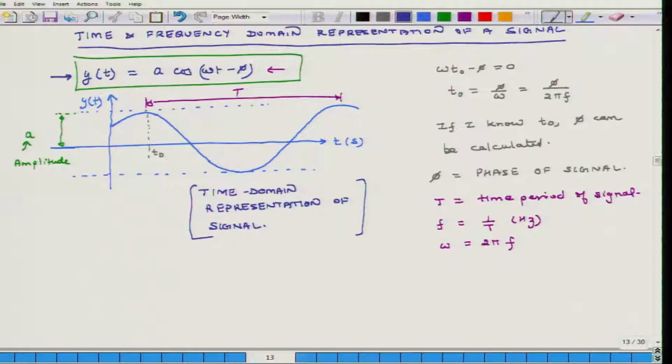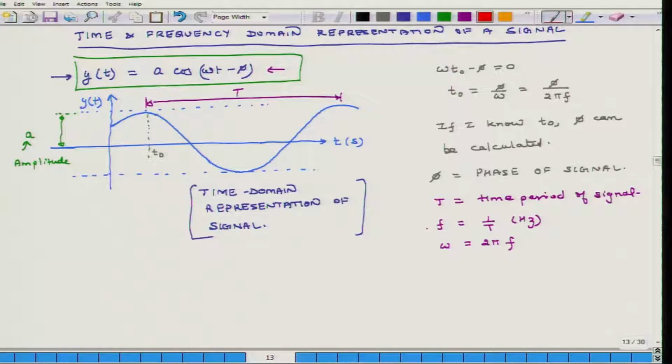So, y t, I can plot this same signal in another way. But before we plot it in a different way, we should know what are the important parameters of this signal. The important parameters are frequency, right.